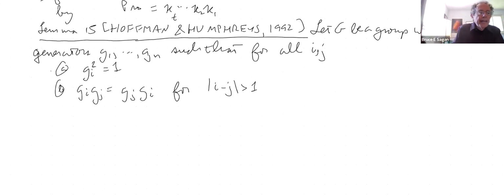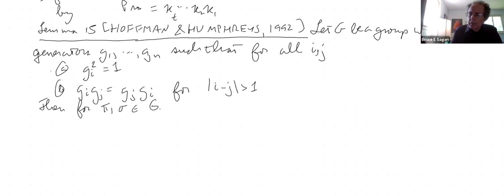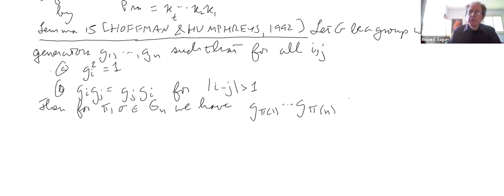So in that case, if I take any two permutations in the symmetric group and look at taking the products of the generators corresponding to these permutations, right? So write down the product of G sub pi 1 through G sub pi n, right? That's going to be some ordering of the G's. Do the same thing for sigma.